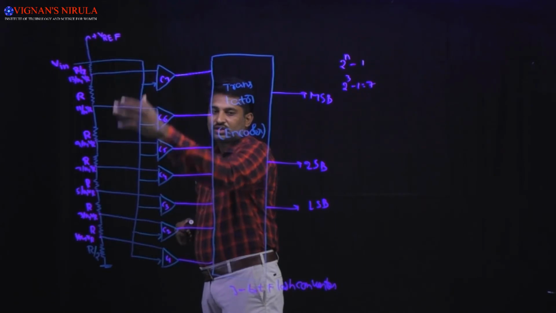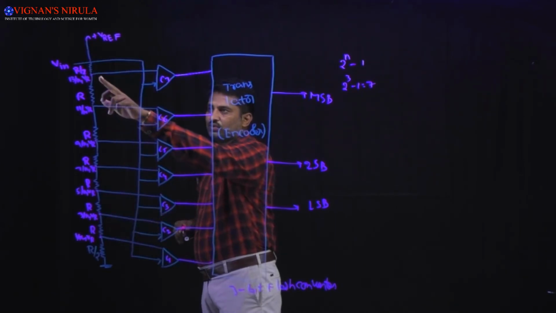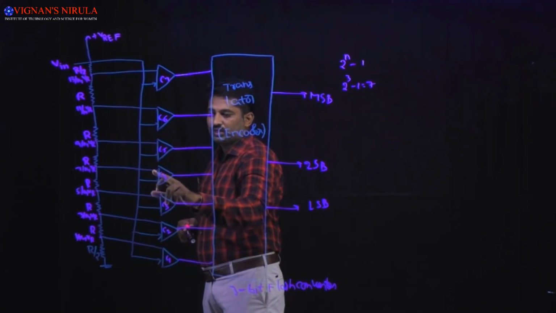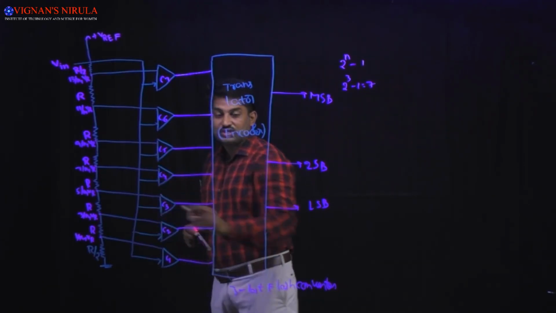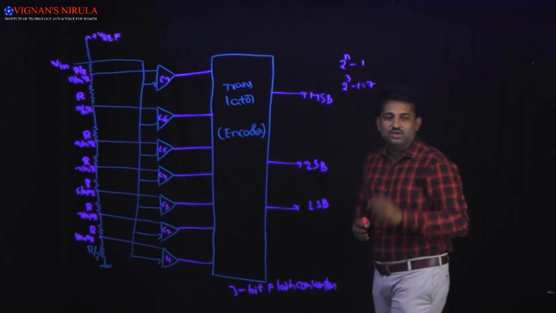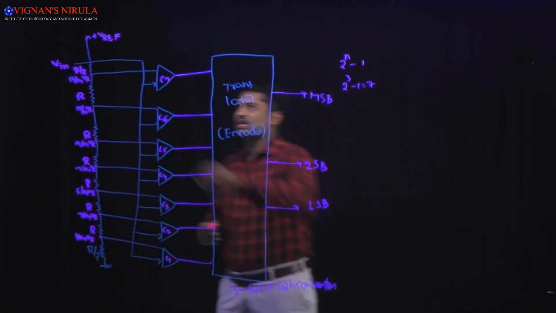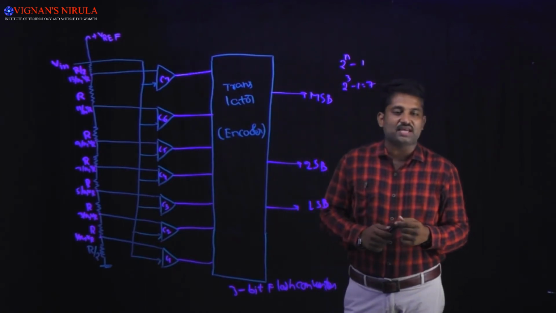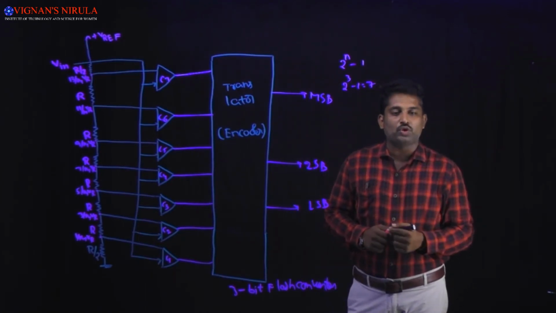From this reference voltage divider network, we are applying the reference voltage to one of the input terminals of the comparator, and in this case plus V reference is taken as the full scale input voltage.